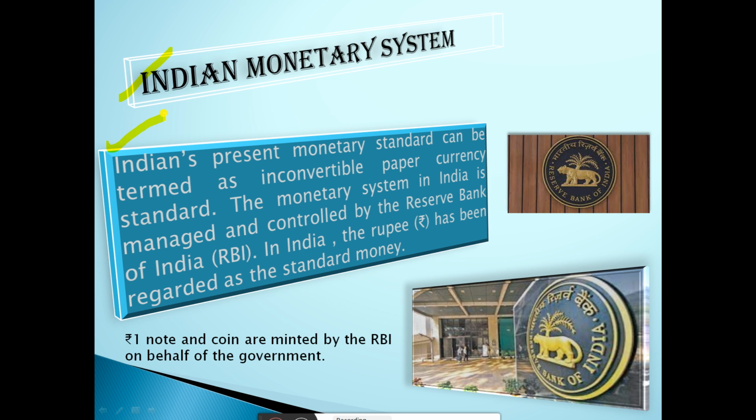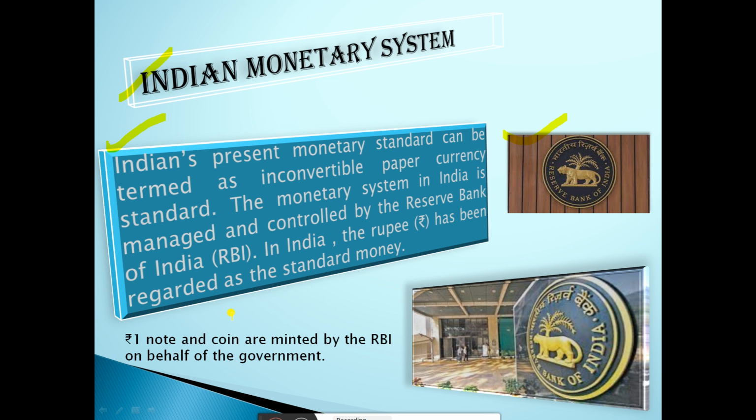Every country has a separate currency and a separate symbol. In our country, our currency is called the rupee, and this is regarded as the standard money. Students, this is the symbol of RBI.